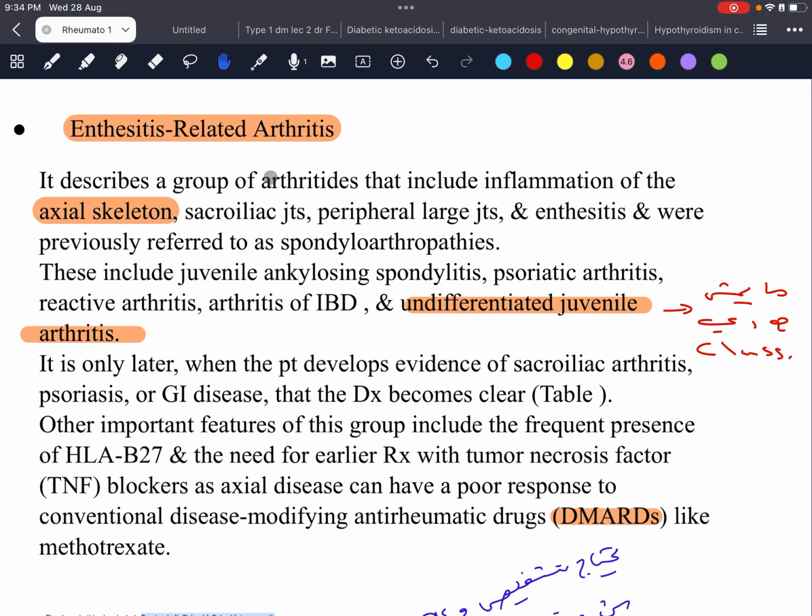Okay, but the characteristic here is that HLA-B27 is positive, and they usually do not respond to methotrexate or disease modifying anti-rheumatic drugs like methotrexate. They do not respond to usual treatment. It usually needs an early start with a tumor necrosis factor blocker.